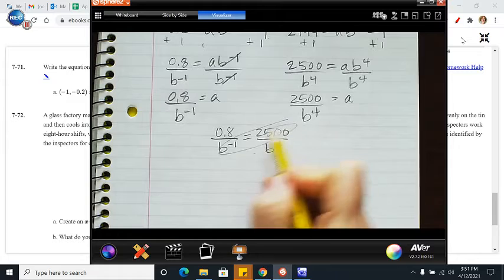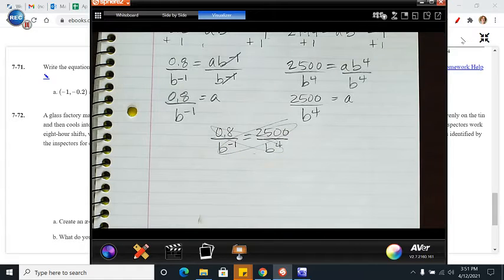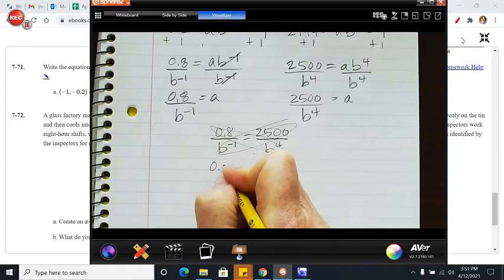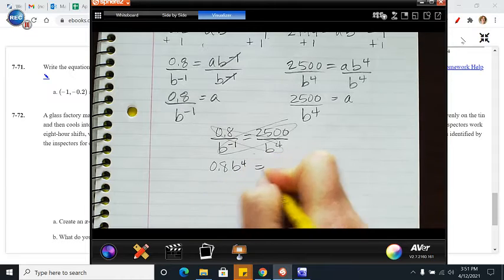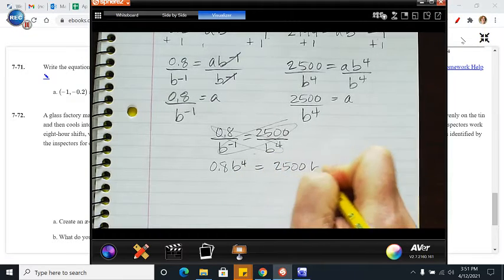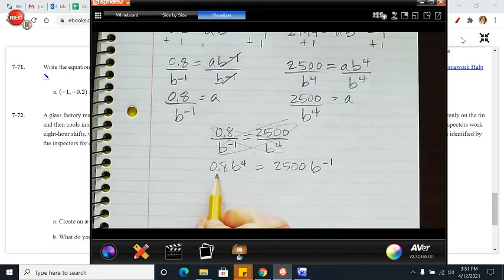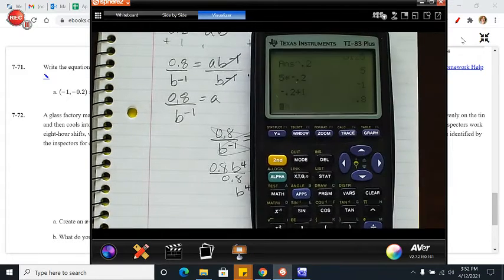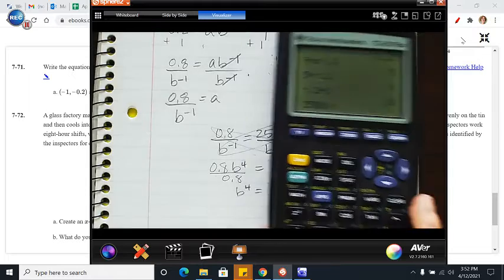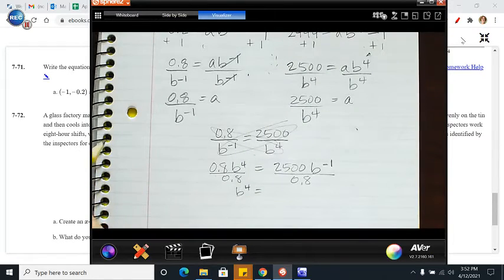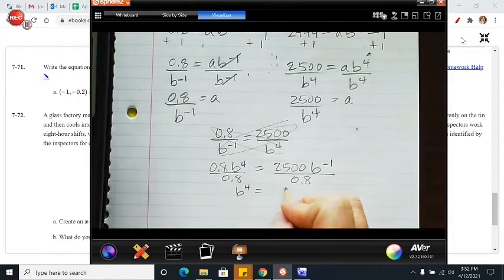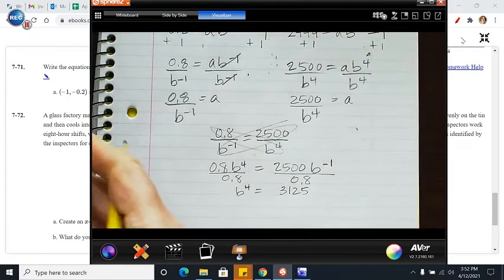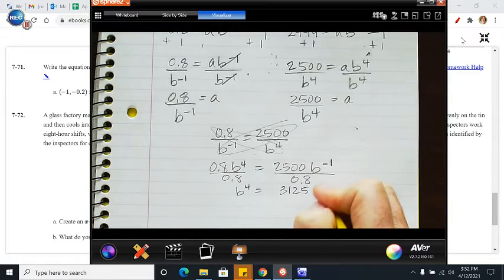So you could cross multiply. Then you could divide both sides by 0.8. That's 2,500 divided by 0.8, 3125.